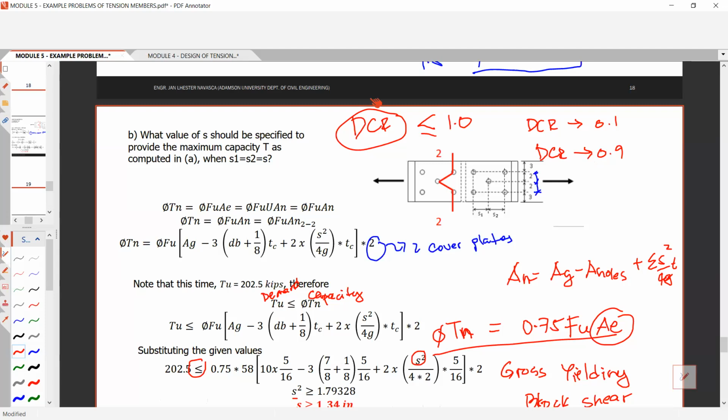Okay? So mas malapit sa 1.0, much closer to DCR of 1.0, much better in terms of economical design. Since they are both safe, since they are less than 1.0, ibig sabihin, your capacity is greater than the demand. Okay, so ang labanan na lang dito, the only factor of deciding is the closeness to DCR ratio or the economical design.